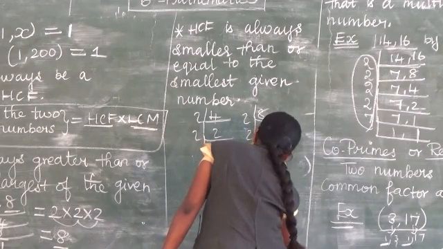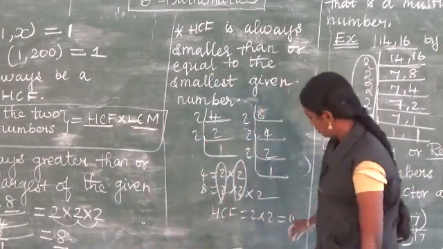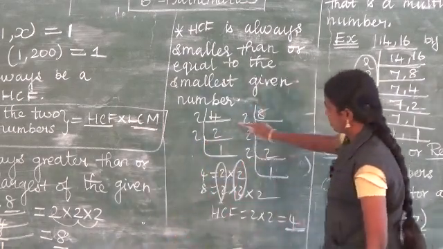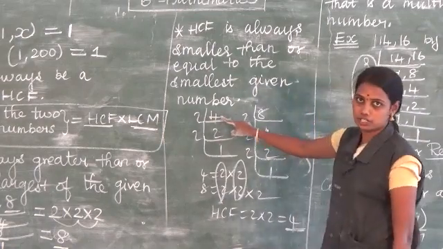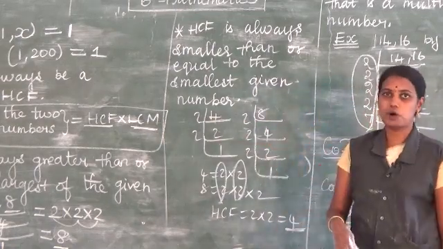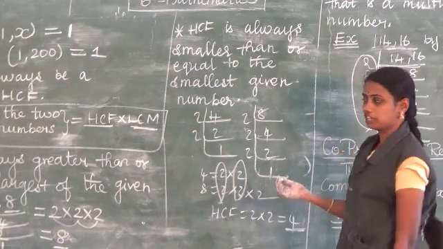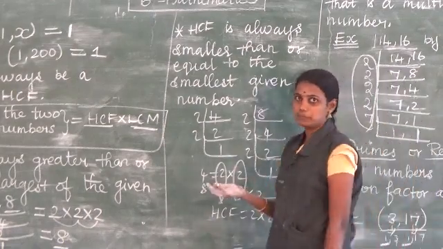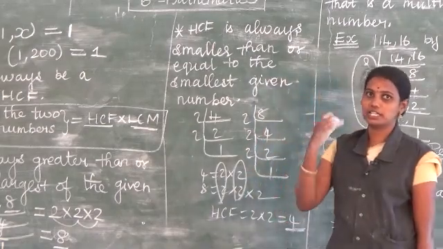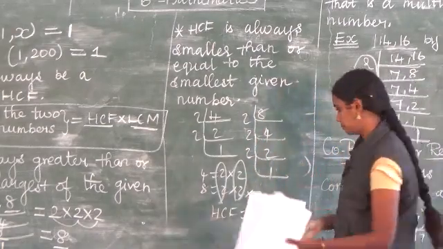HCF is 2 into 2, 4. See here the answer is 4. It may be with the question or it is a smaller number. It may not be more than the given number. HCF means smallest number, LCM means the greatest number.